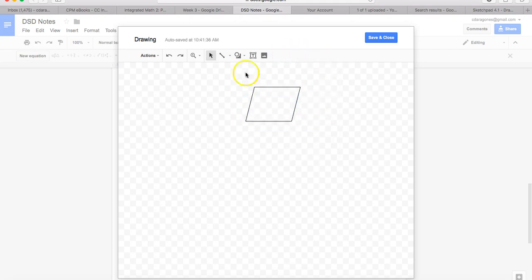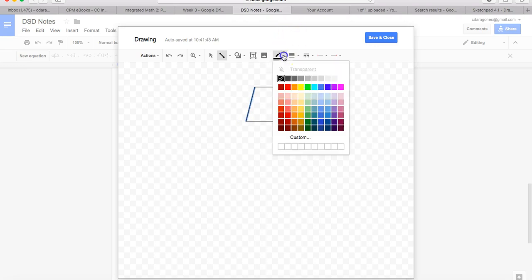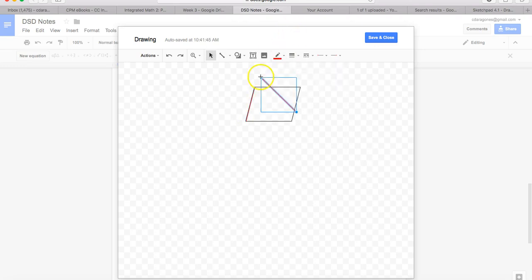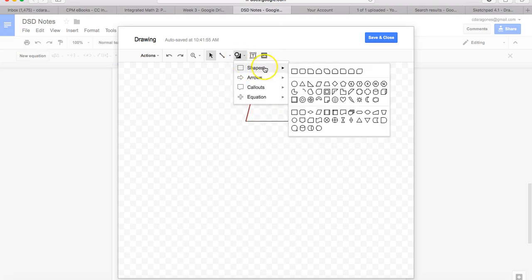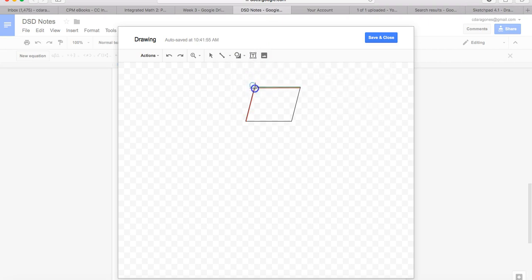So this line segment right here in red and this line segment right here in green meet at this corner. I'm going to go ahead and circle it. Right here is a corner. You see that? So that corner is called a vertex.